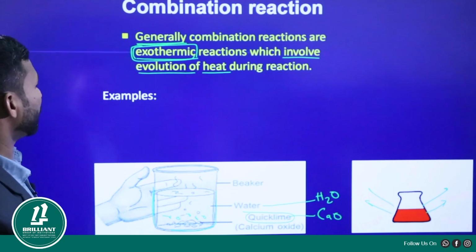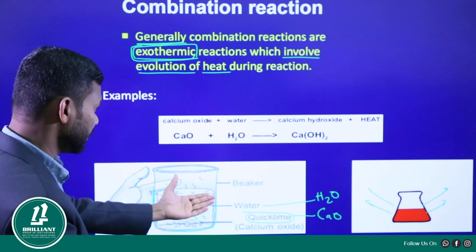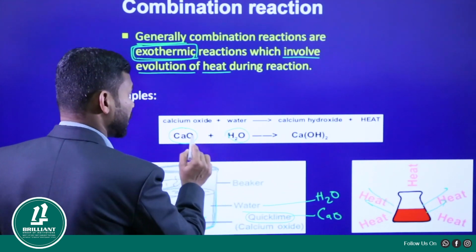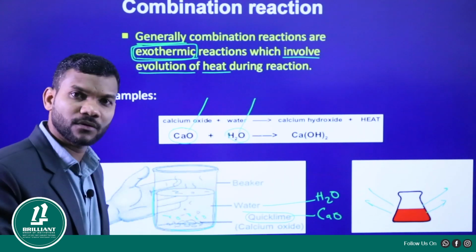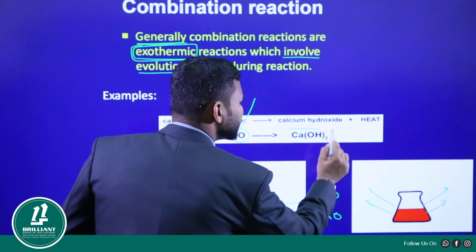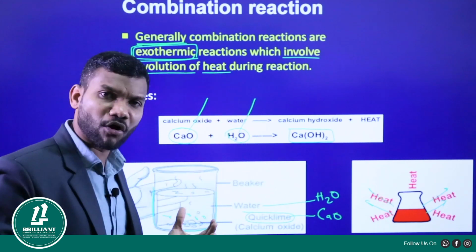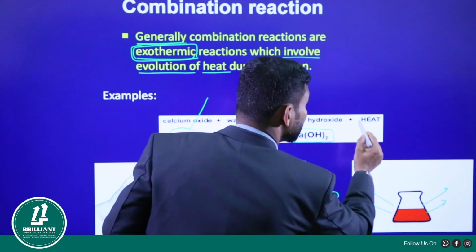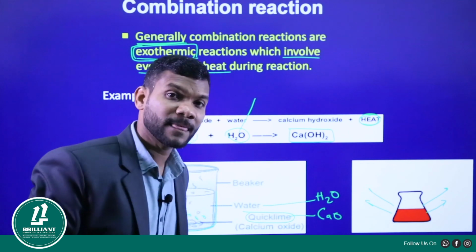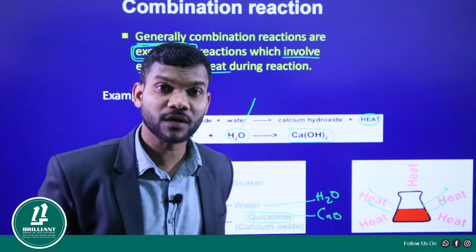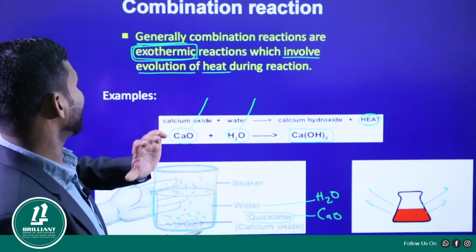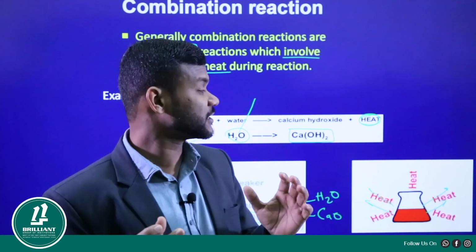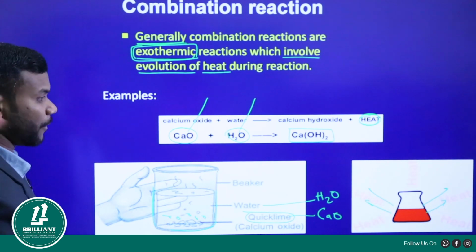You can see the example of an exothermic reaction: the same example, calcium oxide reacting with water. There are two reactants and we get a single product, so this is a combination reaction. But along with that, heat is liberated. This type of reaction we call an exothermic reaction. Hope it's clear to all of you.